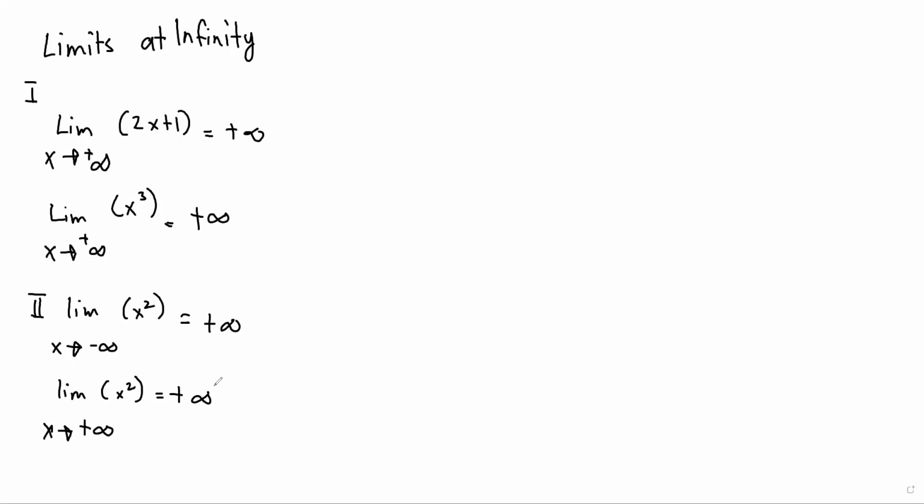Next, what if we have an odd exponent? The limit of x cubed as x approaches negative infinity. Of course, because the exponent is an odd number and we have a negative, negative times negative becomes positive, times negative.